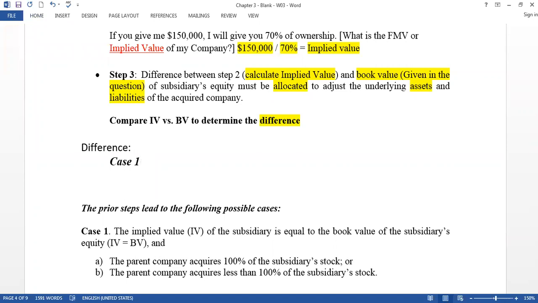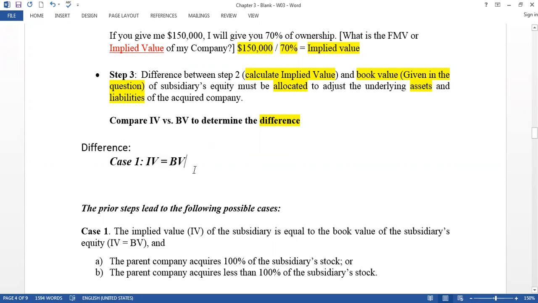Case one: we compare implied value and book value, and there is no difference. Implied value means the market price, and the book value is similar. So in this case, there is no difference.